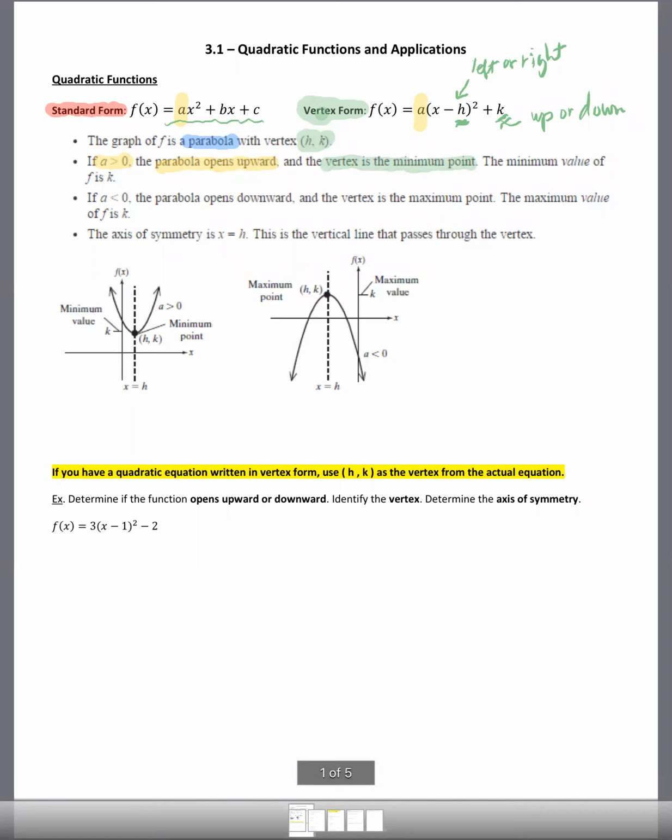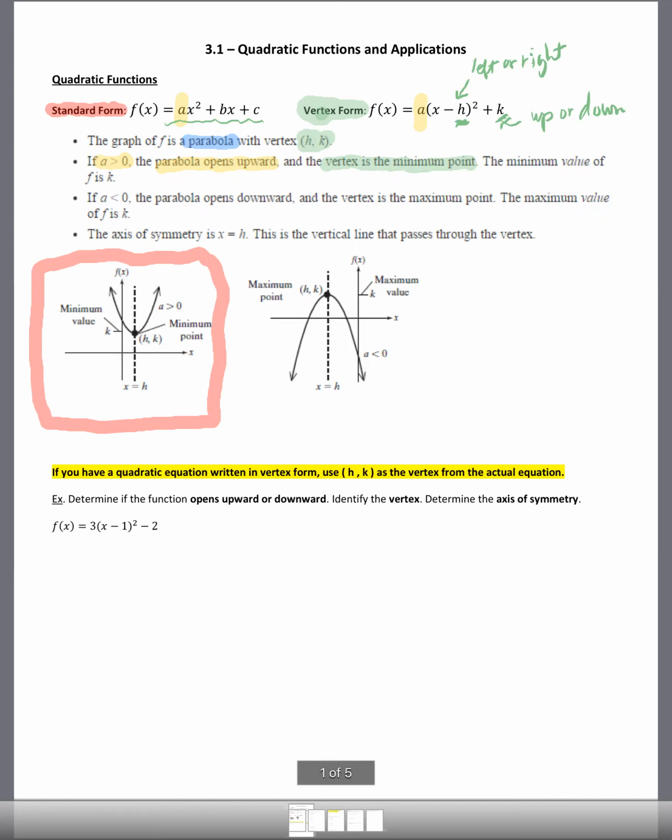So if you'll come down and look at this first picture on the left-hand side, this is where I'm looking right now. You will see that the parabola is facing upward. The reason why it's facing upward is because the a value is greater than 0, it says.